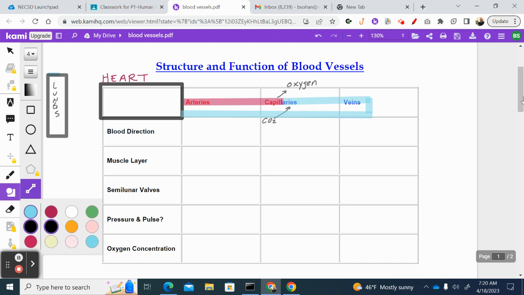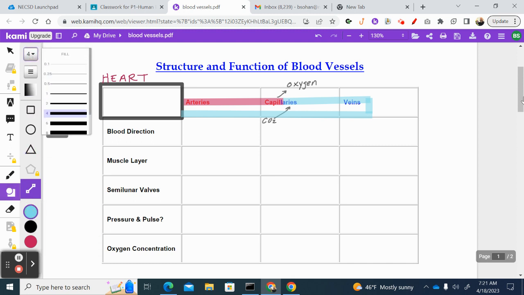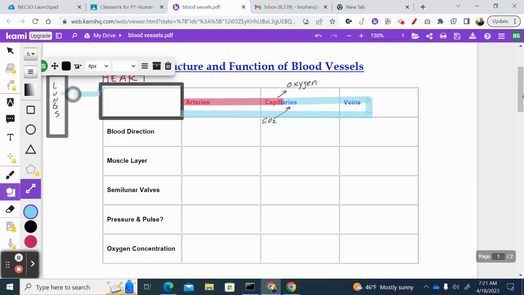The name of the blood vessel that sends blood to the lungs, it's an artery, actually, but it's blue because it's sending deoxygenated blood. And then oxygenated blood comes back to the heart. But that's a vein.